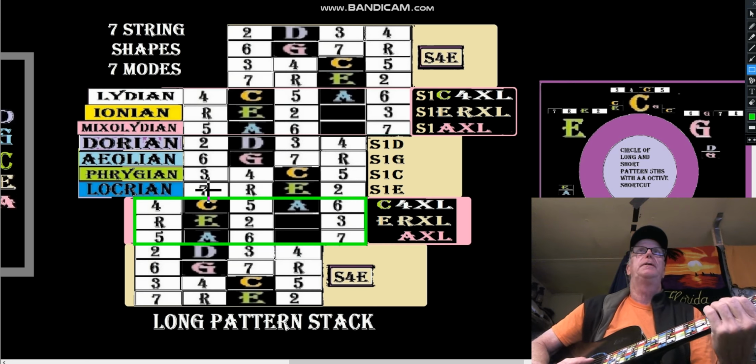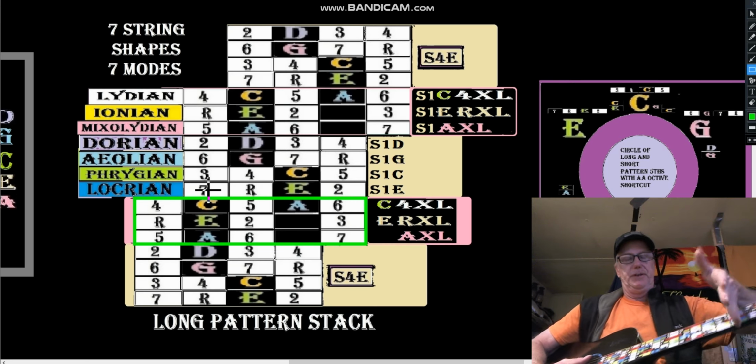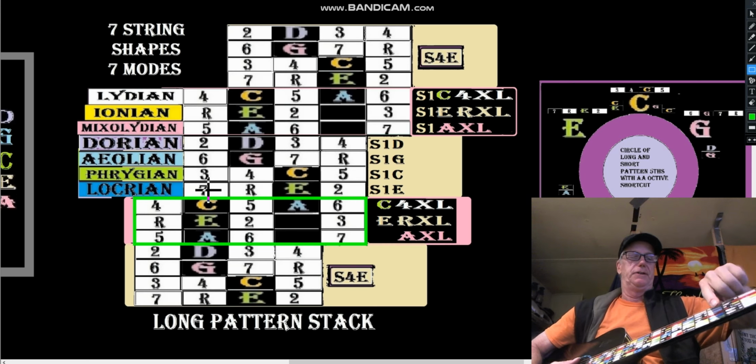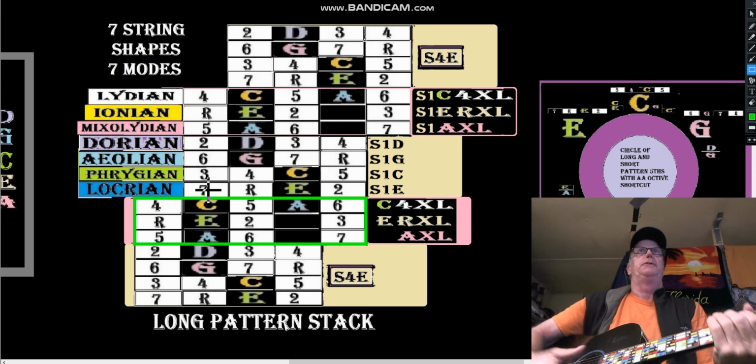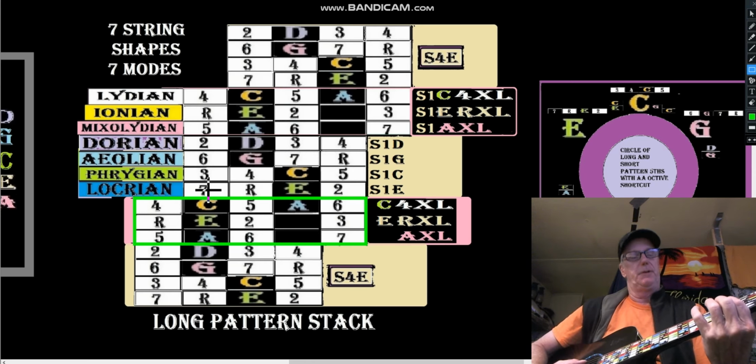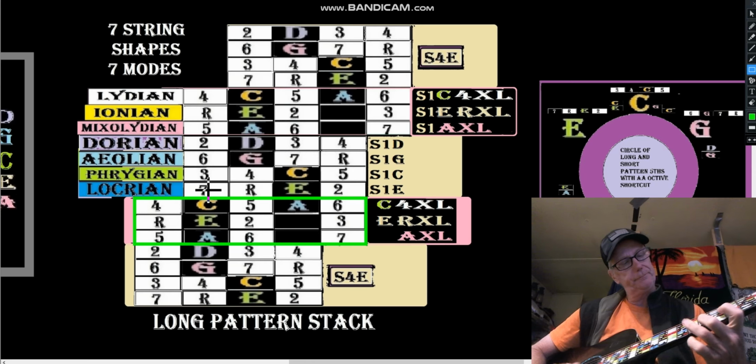So in Locrian, say if your fret nut's here, but I'm going to leave the capo off now, so this is where you're tuned to. If we're going to do a Locrian, E's going to be the 7th of F, so it'll be 7 root 2, 3, 4, 5, 6, 7 root 2, 3, 4, like that.